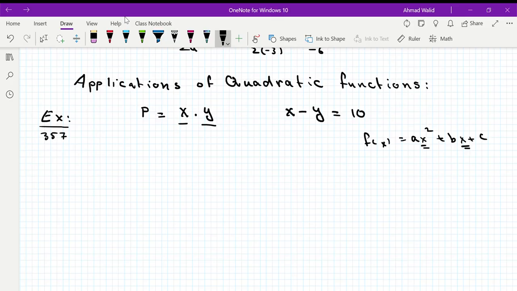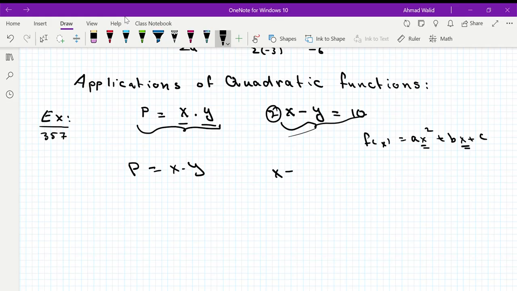But here, in each equation, you have x and y. How can I change the equation p equals x times y into one variable? Here, equation number 2 helps you to write y in terms of x.